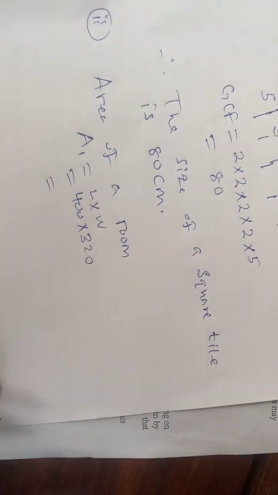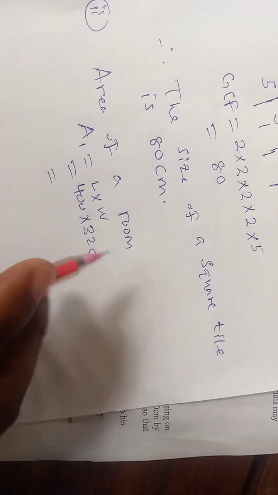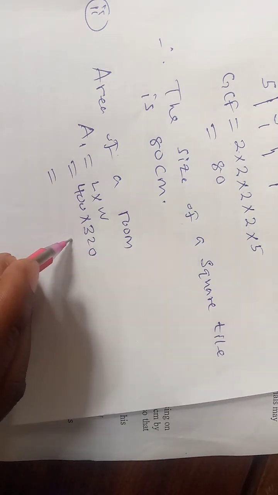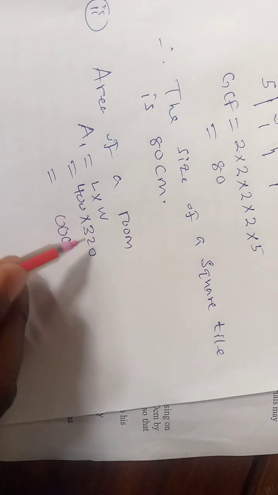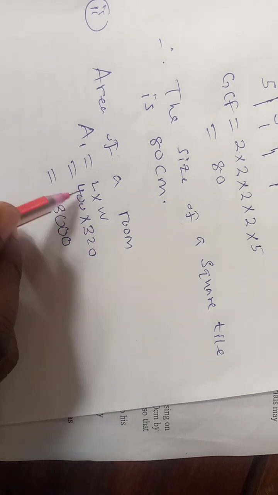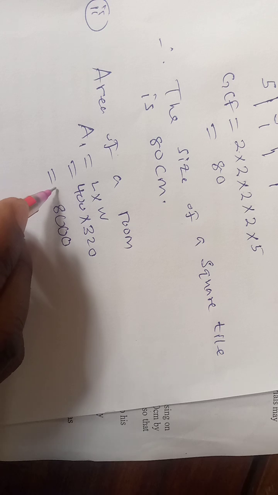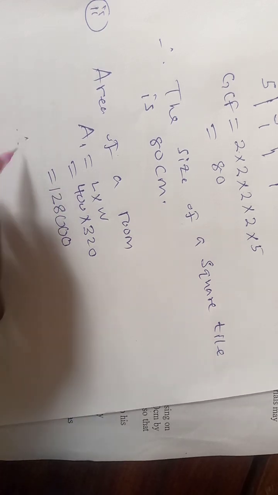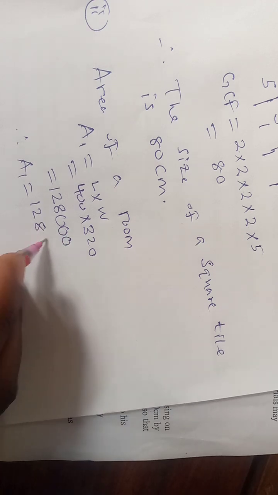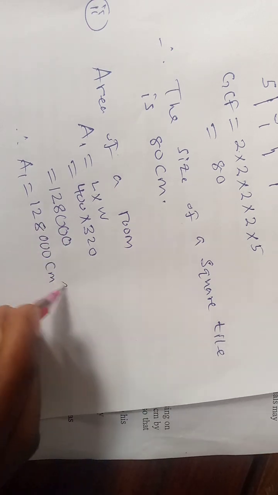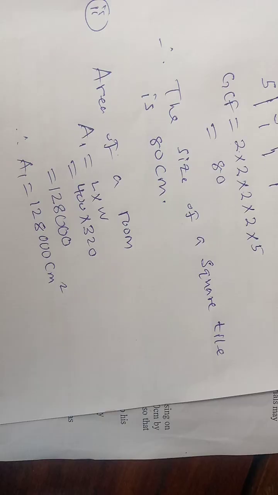We're going now to multiply. When you multiply here, we'll get 0, 0, 0. Then 4 times 2, it is 8. Then 4 times 3, it is 12. So area number 1, which is area of the room, is 128,000 centimeters squared. This is the area of the room.